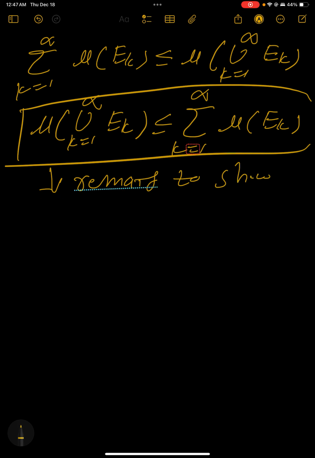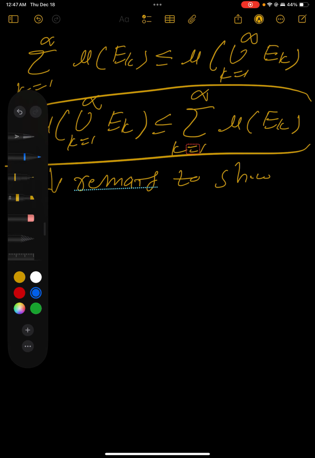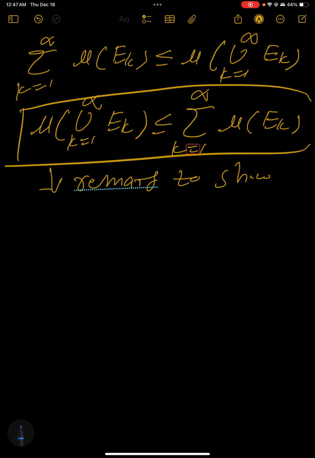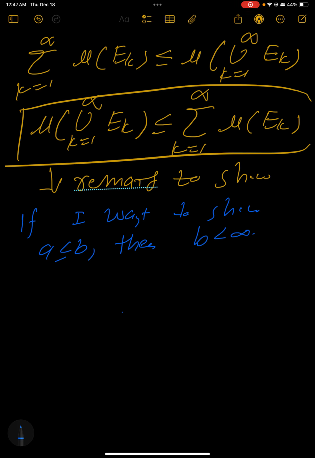So how can we show that? If I want to show A is less than or equal to B, it is kind of obvious that B should be less than infinity. If B is infinity, then there is nothing to prove. So we will assume that.